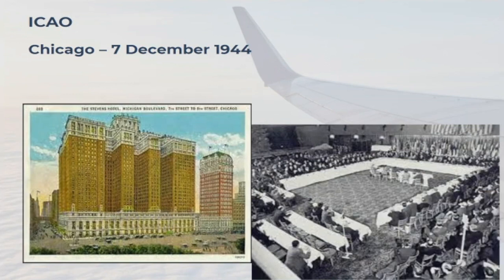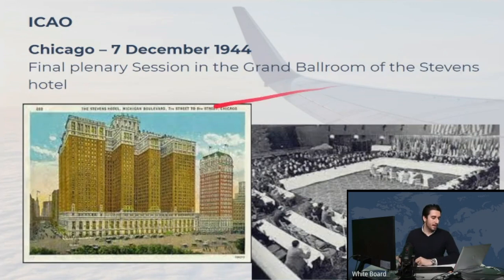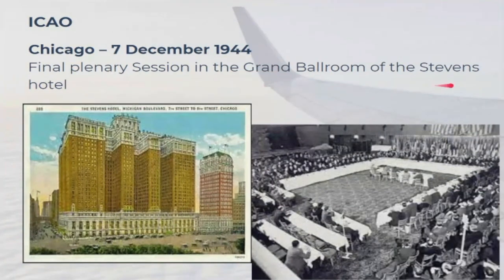So on the 7th of December 1944, representatives of 52 nations met in Chicago, at the Grand Ballroom of the Stevens Hotel, and they signed the first treaty, the first paper, which was called the International Civil Aviation Organization, or ICAO Convention.